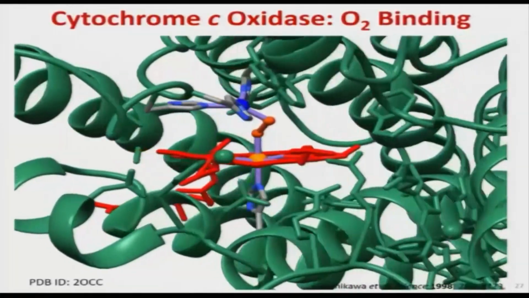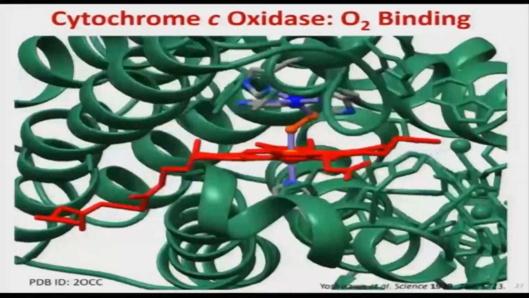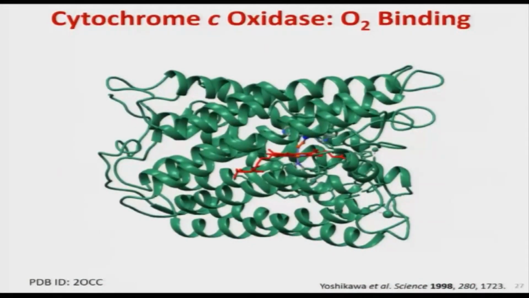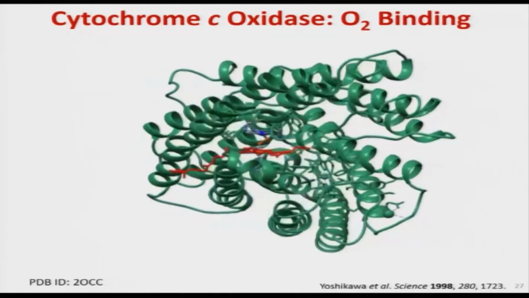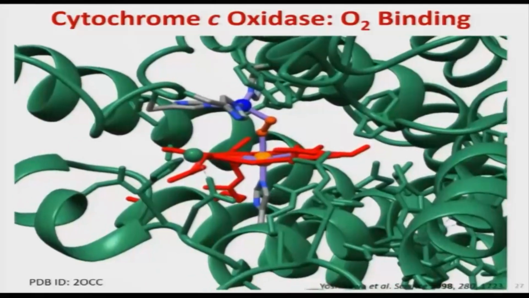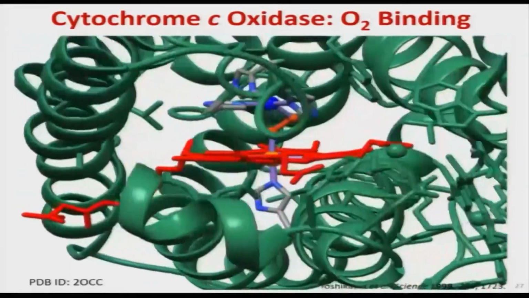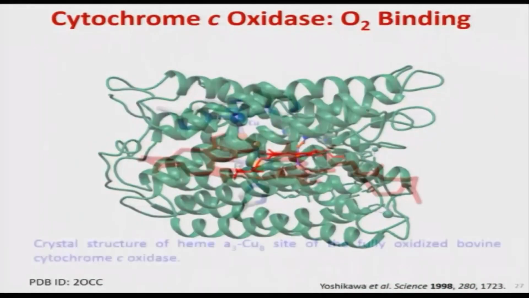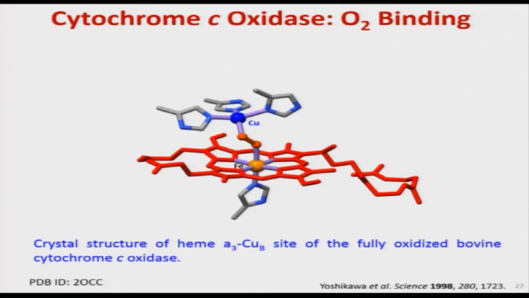So, this is the structure of cytochrome C oxidase where it binds dioxygen. You can see that this iron and copper bind a dioxygen, and there is a huge protein chain which is wrapping this small iron copper unit, and if I remove this protein chain, you see now that this iron copper unit binds dioxygen like this, and this dioxygen is O2 2 minus.